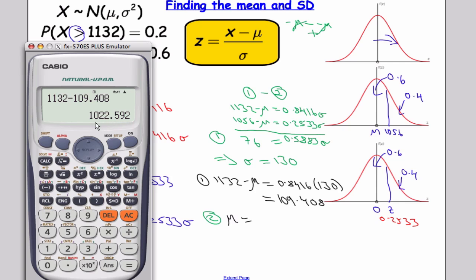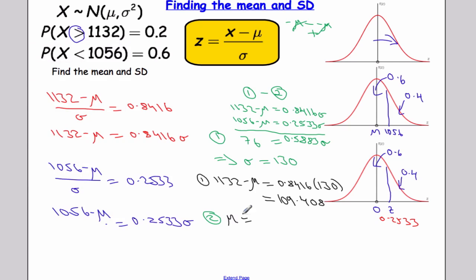Let's go to 4 sig fig here this time. So 1023. And now we found both the mean and the standard deviation for our normal distribution.